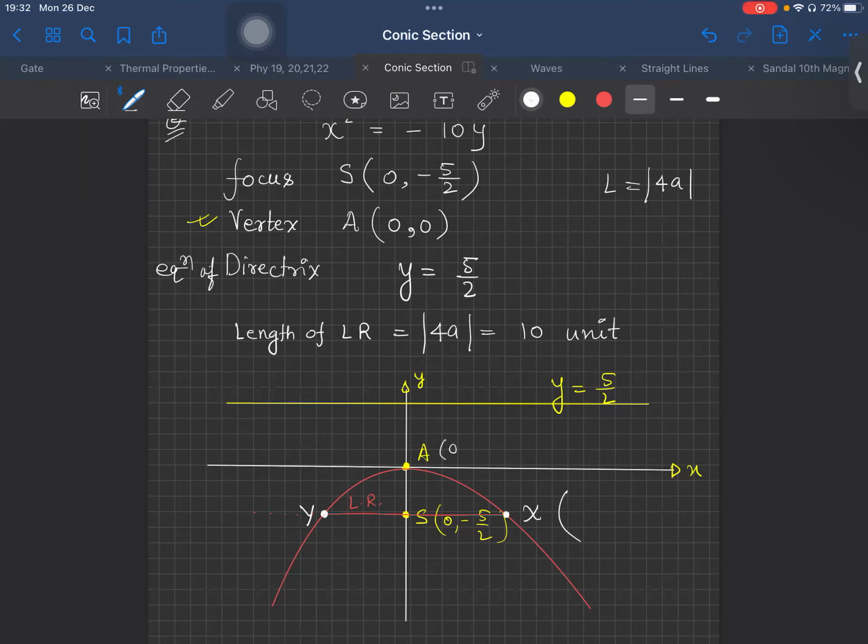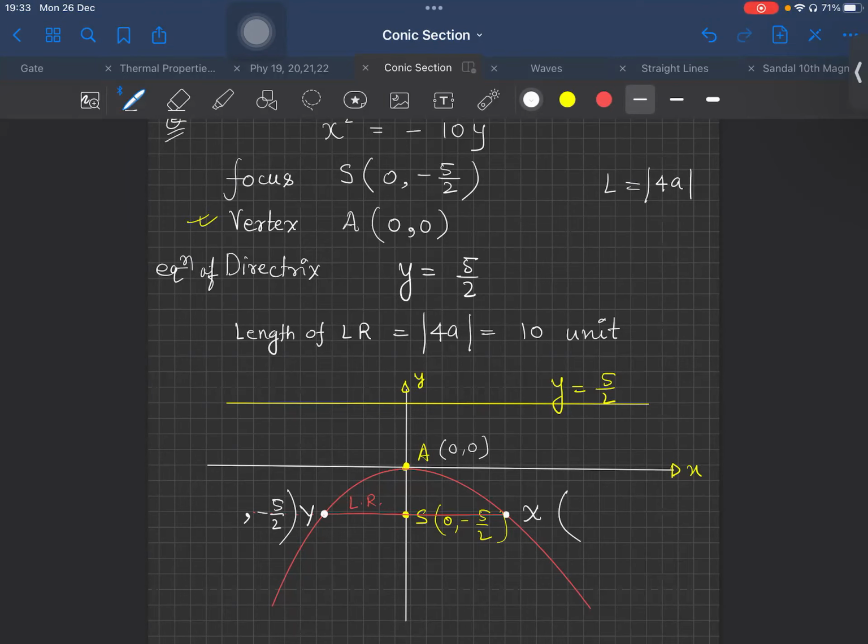Sir, y is minus 5/2. Okay, so it is always minus 5/2. I'm not asking the equation of this line, I'm asking for the end point, so it will have a coordinate. The y value will be minus 5/2. The x value will be what? 5/4.